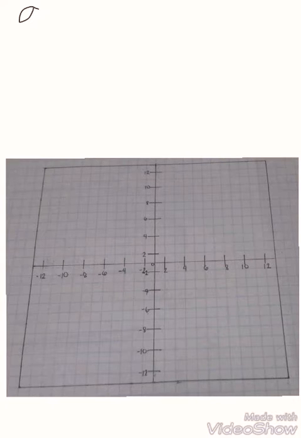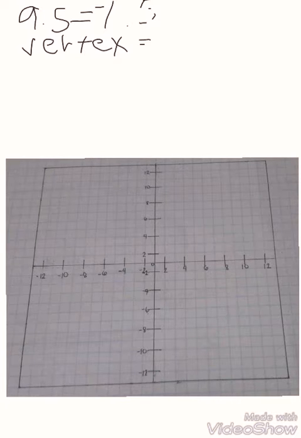The axis of symmetry is negative 1.5, and the vertex is negative 1.5 and negative 6.25.